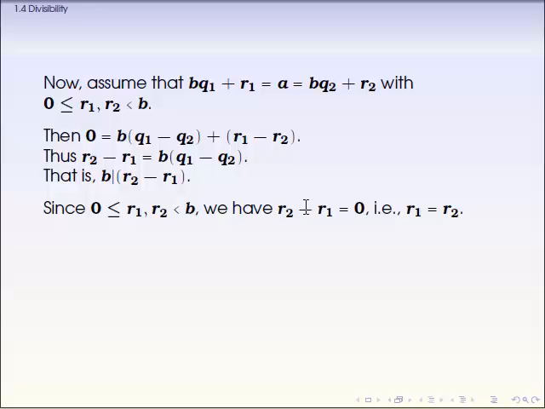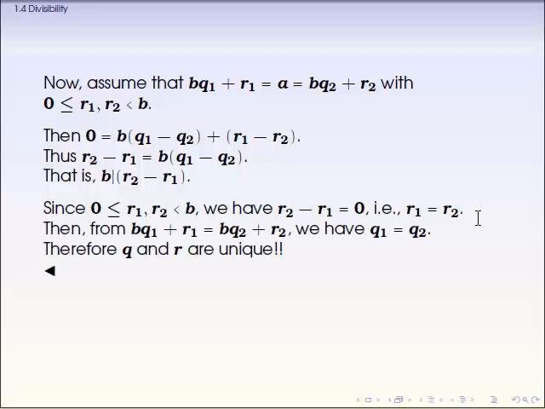So r2 minus r1 must be 0 because r2 minus r1 is a multiple of b. Therefore, the only case should be 0, which means r1 and r2 must be the same number. Then q1 and q2 must also be the same integer. Therefore, q and r must be unique. And that's the end of the proof.